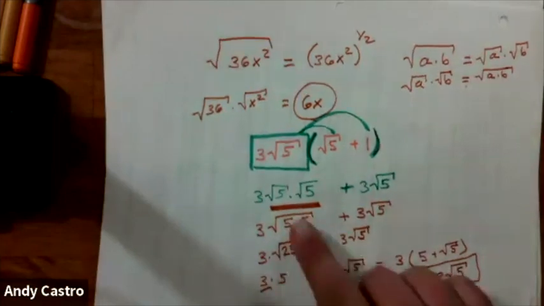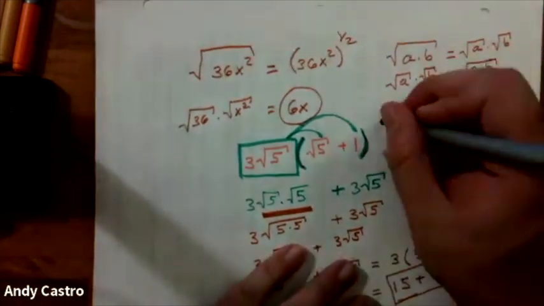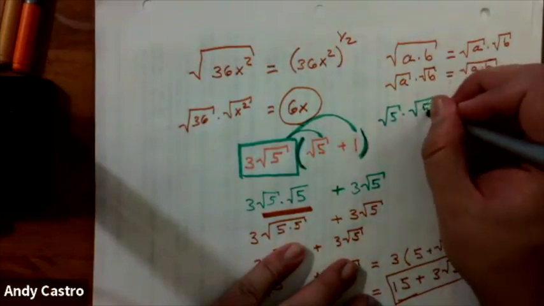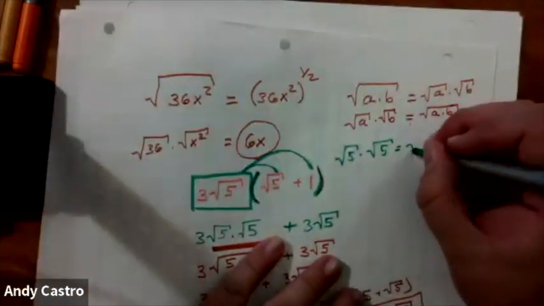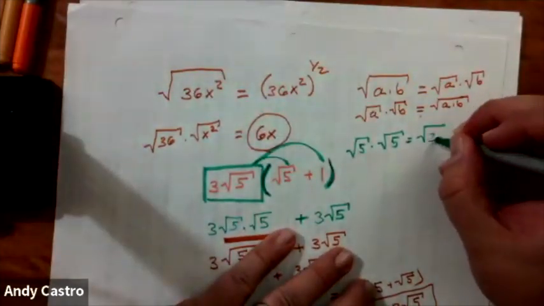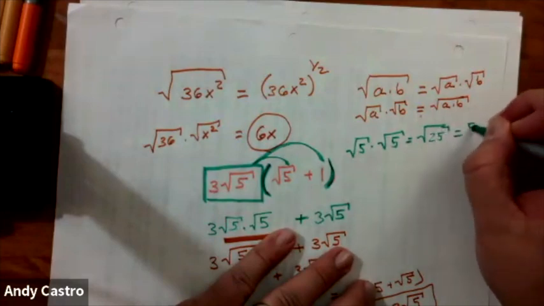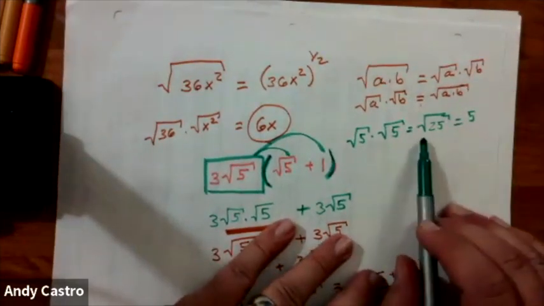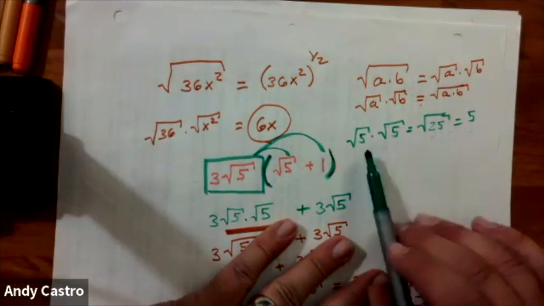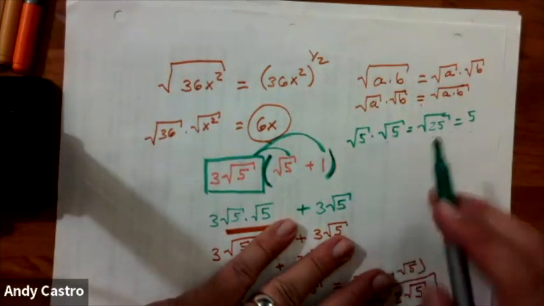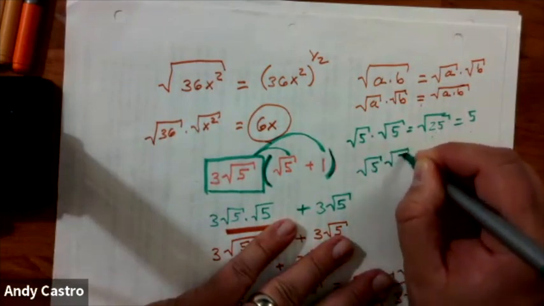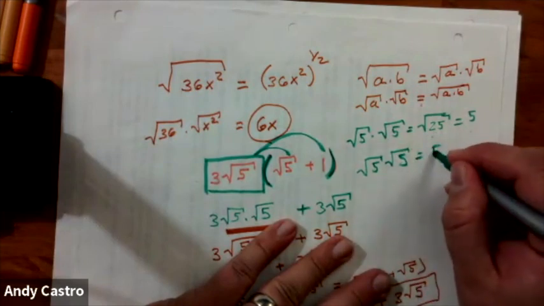Notice here how I have the square root of 5 times the square root of 5 equal to the square root of 25, which is 5. So if the square root of 25 is equal to 5 and the square root of 25 is equal to the square root of 5 times the square root of 5, that means that the square root of 5 times the square root of 5 is also equal to just 5.